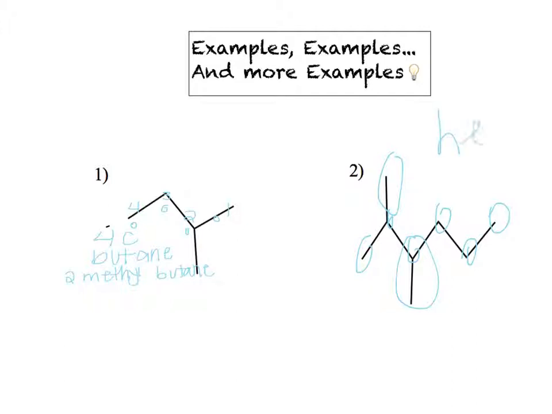So we already know the ending is going to be hexane, and because there are two substituent groups, we are going to number them to get the lowest name. So if we number from left to right, we get 1, 2, 3, 4, 5, 6. And because there are two of them, we write 2,3-dimethyl to indicate where the methyls are located.